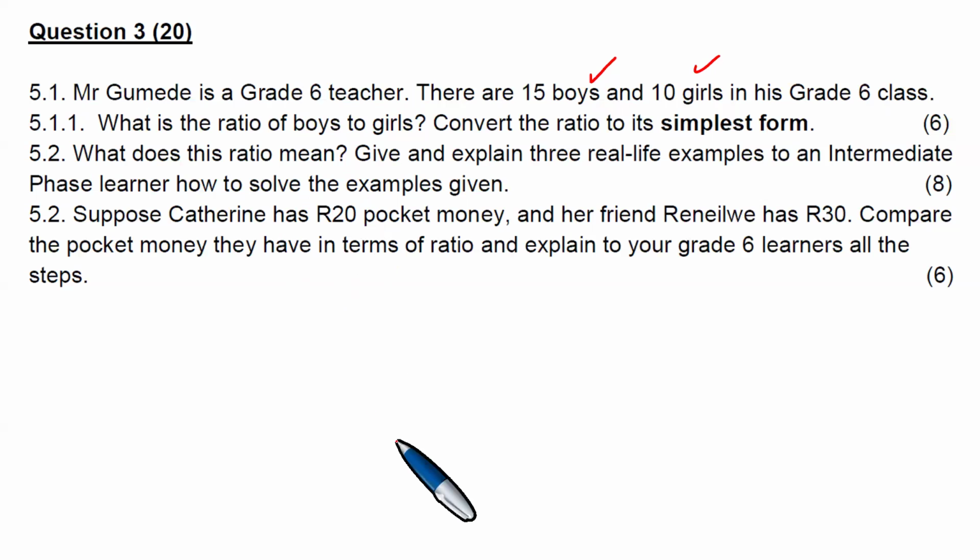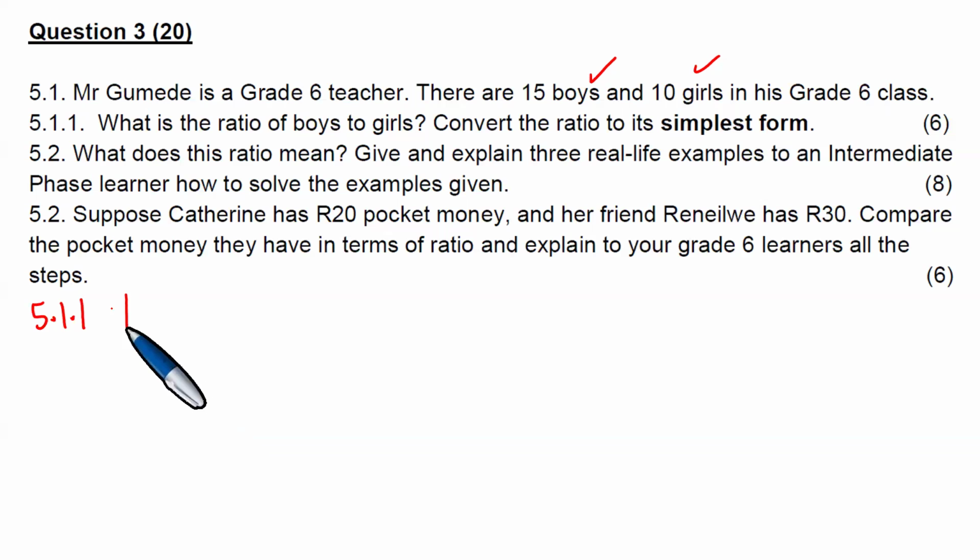Okay, now so now we have the following. So you have 5.1.1. So what is the ratio?